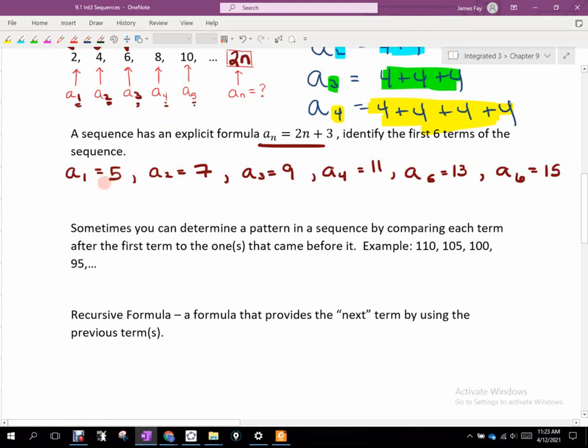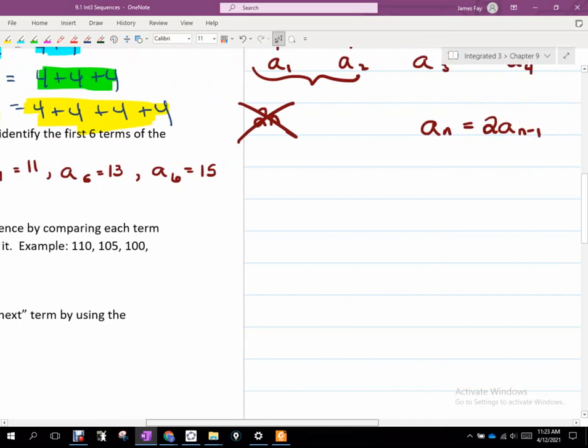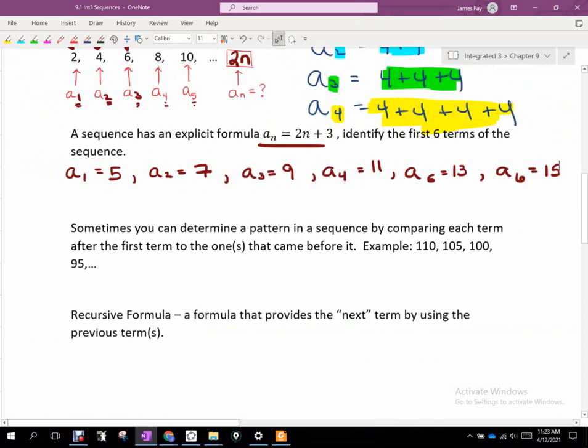What do you see? If I put them in a row, I go 5, 7, 9, 11, 13, 15.